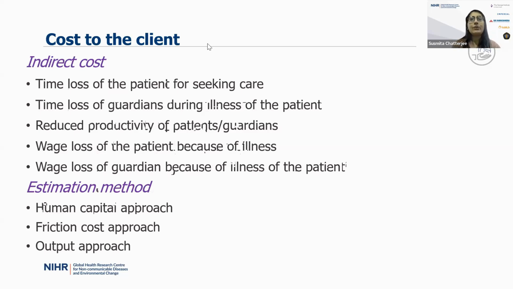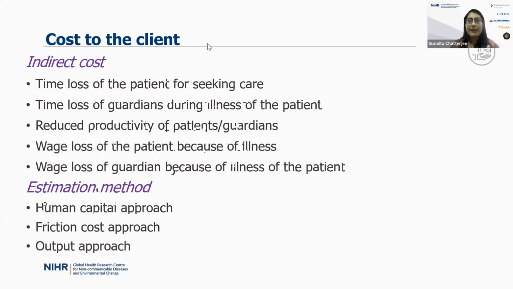Friction cost says that suppose someone is unemployed because of the disease. The friction cost approach thinks that if someone is not working, another person will replace that person, right? The position will not be vacant forever. That position will be filled. Now, as soon as that position is filled, there is a gap between the vacancy and the filling.